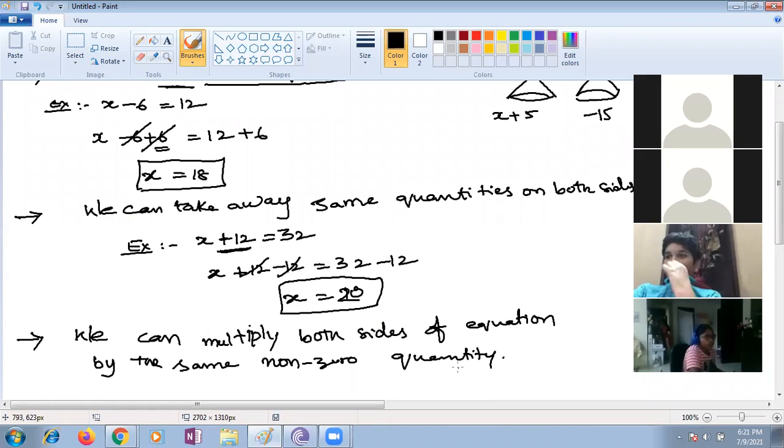So as it is minus 6, we should add 6 to that. And in the second example, x plus 12 is equal to 32. So as it is a plus sign, we should subtract, right? Exactly. Wonderful. You're catching the logic.